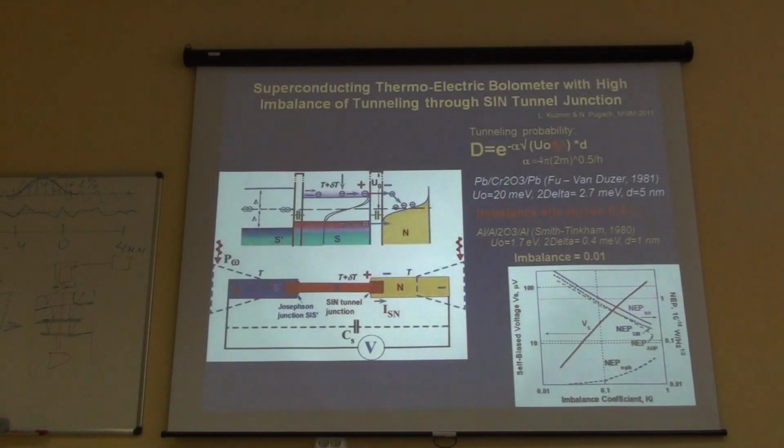And we've made some progress in this direction. It's good just for a superconducting absorber with relatively high delta. There is a comparison of aluminum and another material, and it shows that it's better.